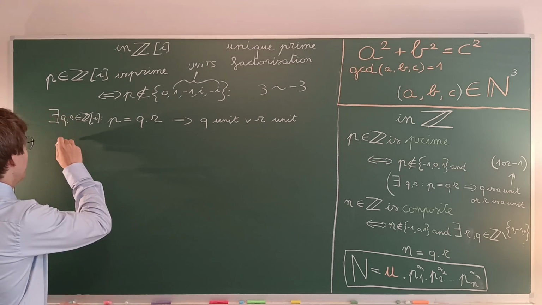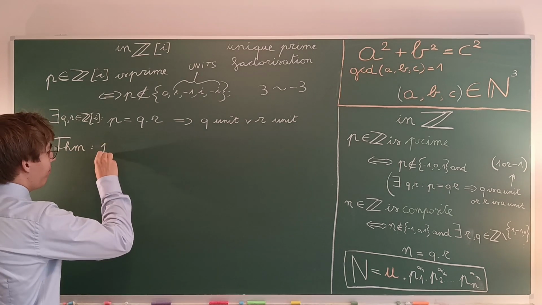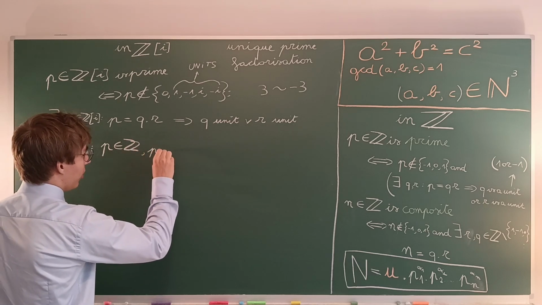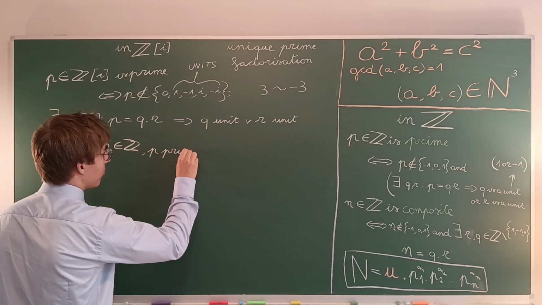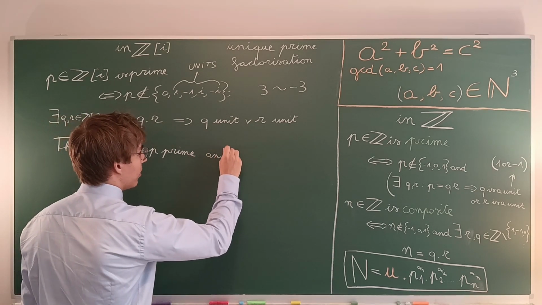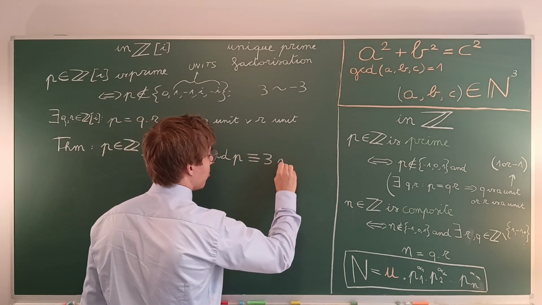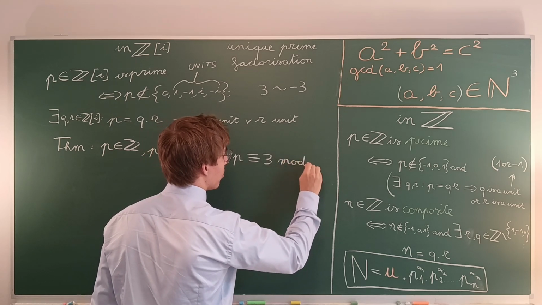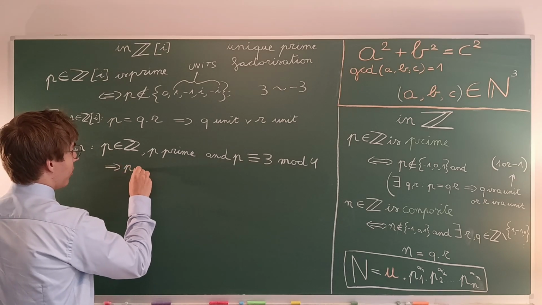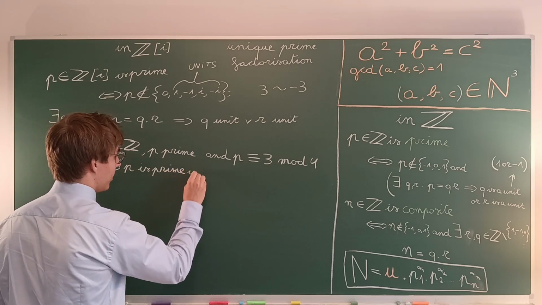Now let me give you a theorem. If p is an integer and p is prime in Z, and p is congruent to 3 mod 4, then p is prime in Z[i].